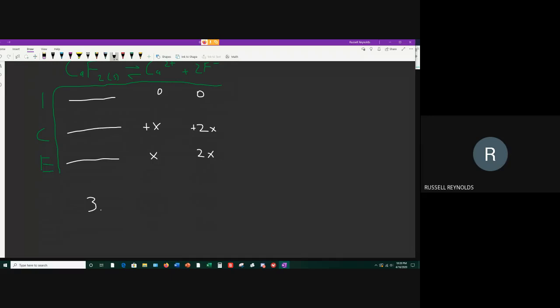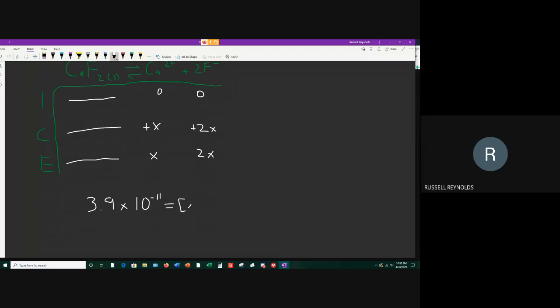In the question we're told that the Ksp is 3.9 times 10 to the negative 11. And we're going to set that equal to the two products multiplied together. Because again, remember, we crossed out anything to do with the reactant. So we're just left with products.